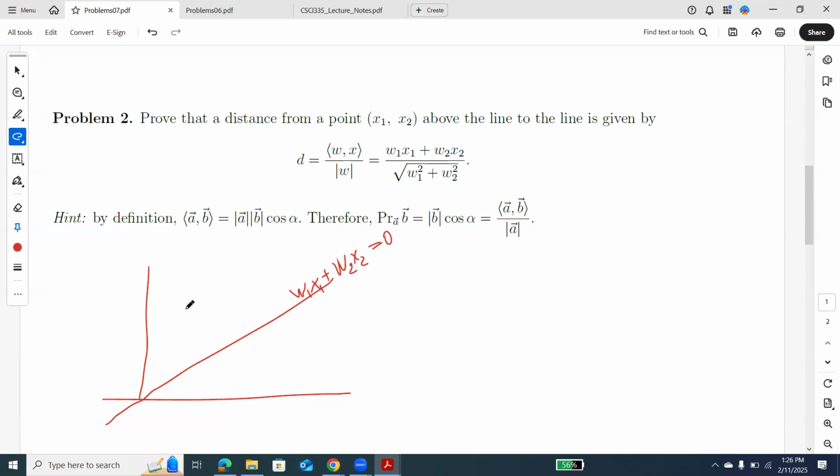And then we have a point somewhere, point x, I'm using x1, x2, let's say x1 prime and x2 prime.